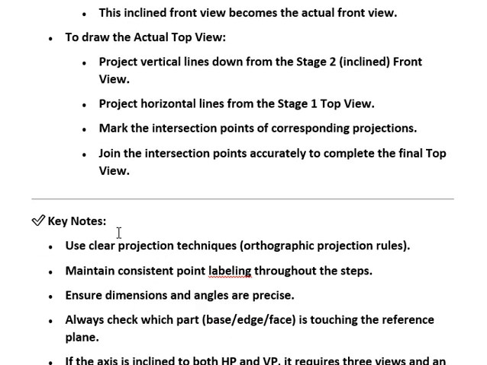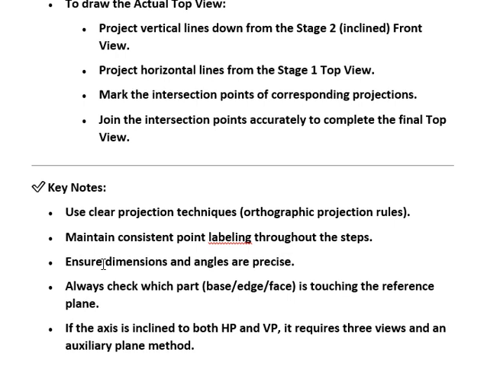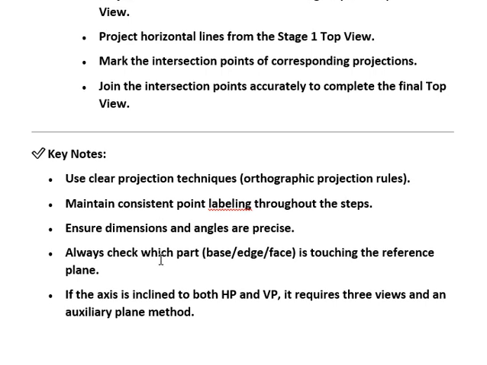What are all the key points one has to note down in this topic? We have to use clear projection techniques, that is orthographic projection rules, maintain consistent point labeling throughout the steps, ensure dimensions and angles are precise, and always check which part, base, edge, or face, is touching the reference plane.